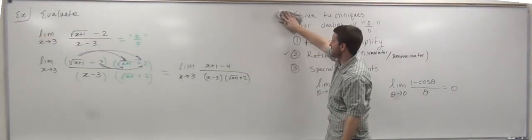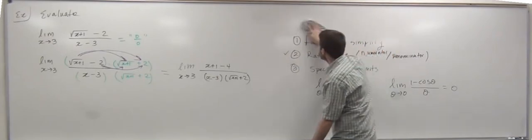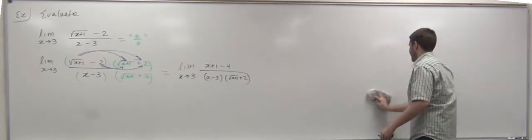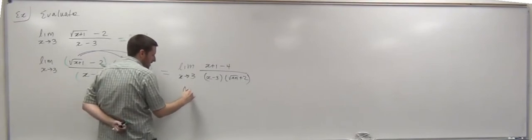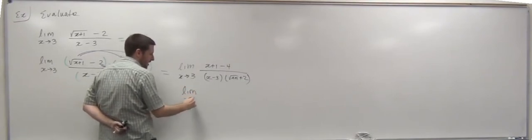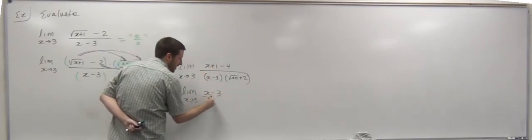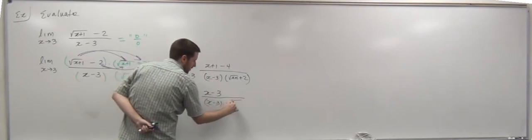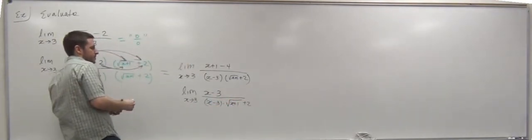So how did that help us? In no way. Oh, maybe. Is it still going to be 0 over 0? Oh, yeah, no. Never mind. Sorry. Yeah, so you do still get 0 over 0 if you go right to plugging in. But if you simplify this a little to x minus 3, and you see that there's an x minus 3 on the bottom, the x minus 3 is canceled.